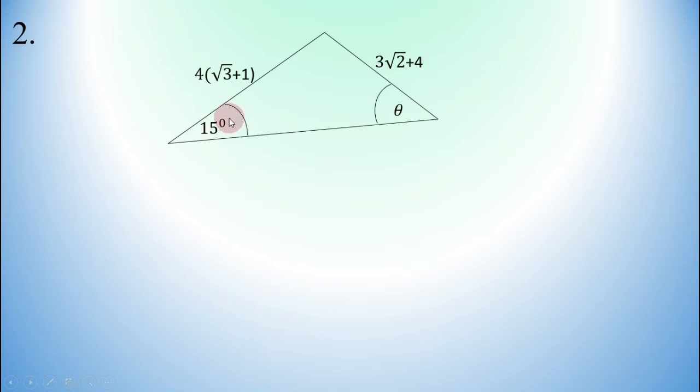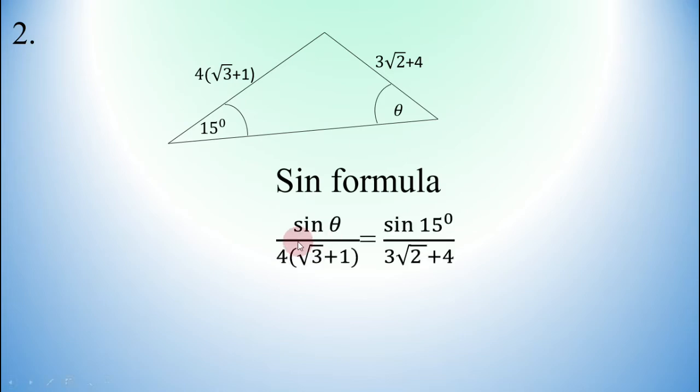Here, for angle 15, the opposite side is 3 root 2 plus 4.